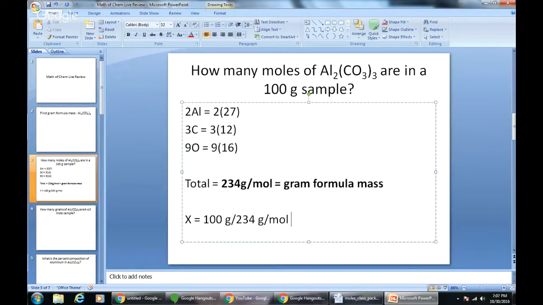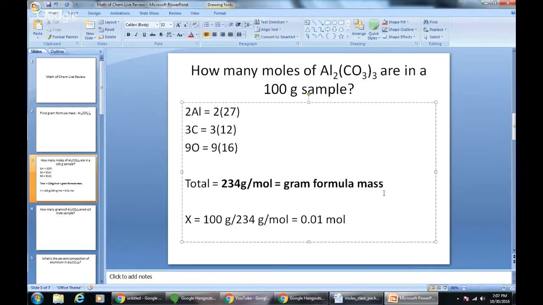Okay, and that will give you the answer of 0.01 mole. All right, and if you're not getting these numbers, you need to work through your math again. Okay. All right, so let's move on to the next one.